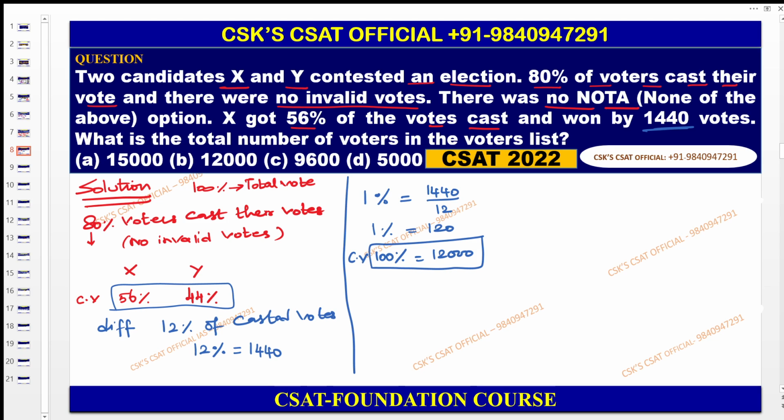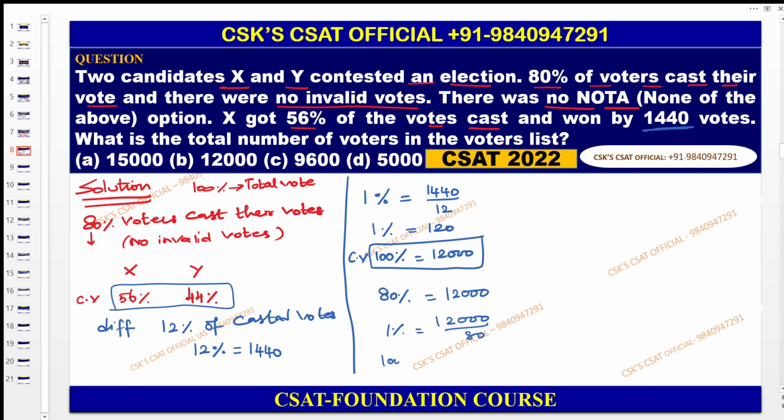Now this 12,000 is nothing but 80% of which one? 80% of the voters cast their vote. So therefore 1% is equal to what? 1200 by 80.